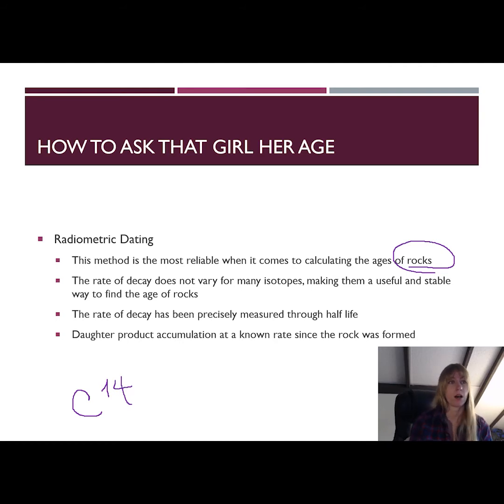Okay. The rate of decay has been precisely measured through a radioactive isotope's half-life. Okay. And remember that a half-life is how much time it takes for half of the material to decay. The daughter product is an accumulation at a known rate since the rock was formed, almost like a clock.